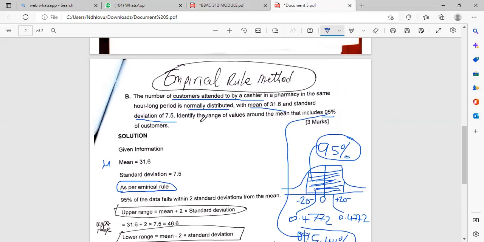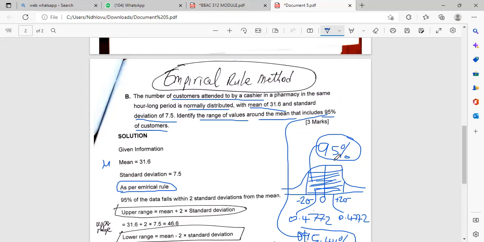So identify the range of values around the mean that includes 95% of customers. We are looking at within 2 standard deviations of the mean. 95% given in an exam means within 2. They only give the standardized ones, within 1, within 2, and within 3.